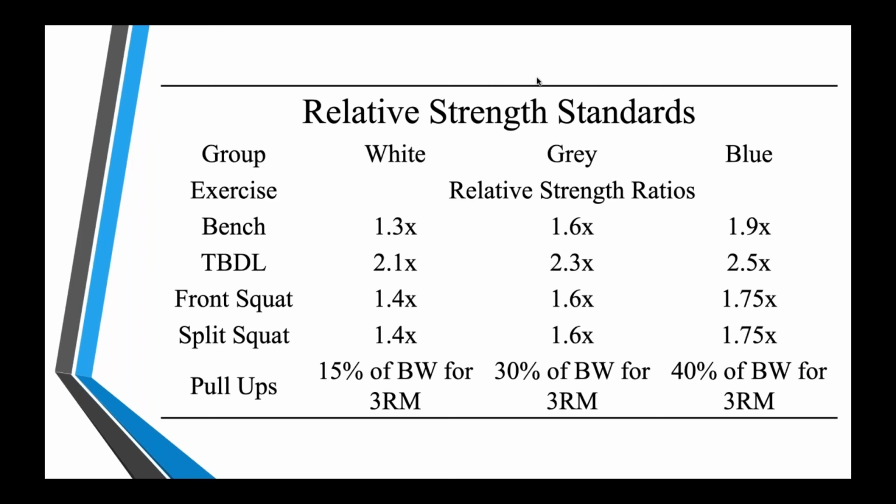Front squat can be interchangeable with the split squat. It all depends upon what we saw with that needs analysis. As well, these numbers for the relative strength standards are interchangeable. So if I find that an athlete is meeting certain standards but not others, then I'm going to have to focus in on that other area. But we have to make sure that we have the metrics to know where we're going with it.